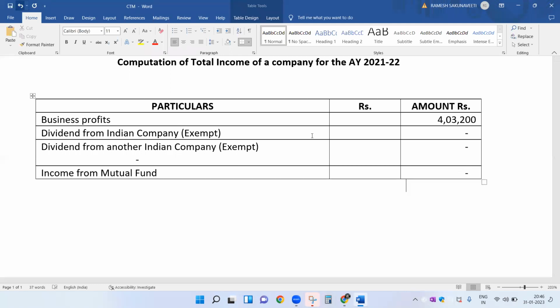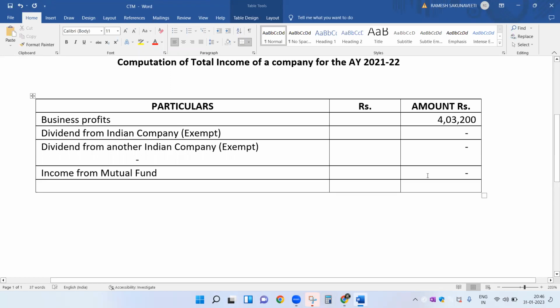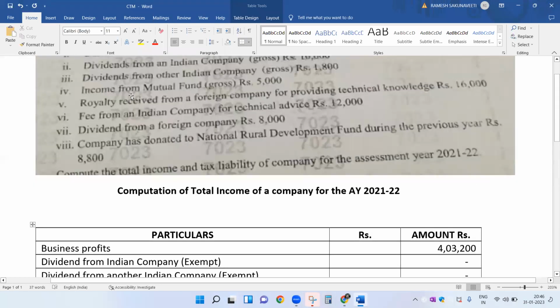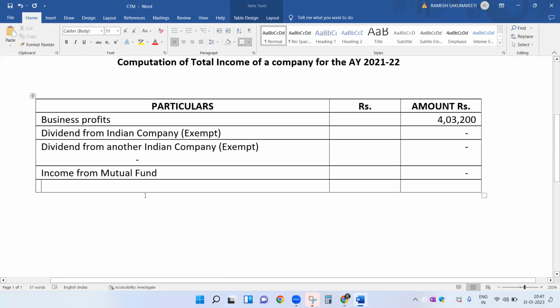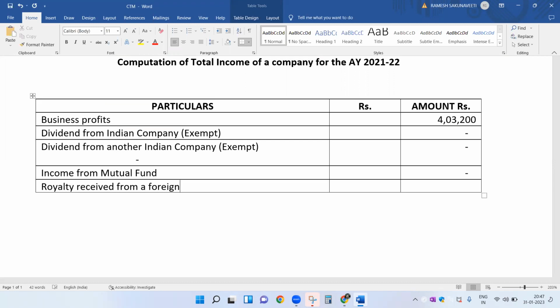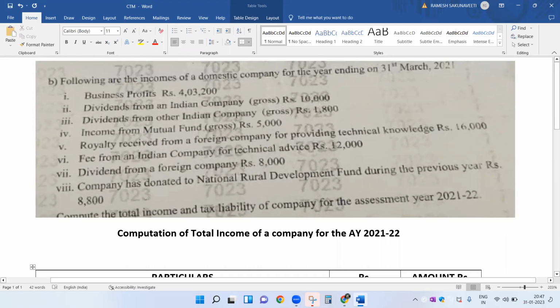Next one. What is the next item? Royalty received from a foreign company. This is taxable. We have to add royalty received from a foreign concern, foreign company.